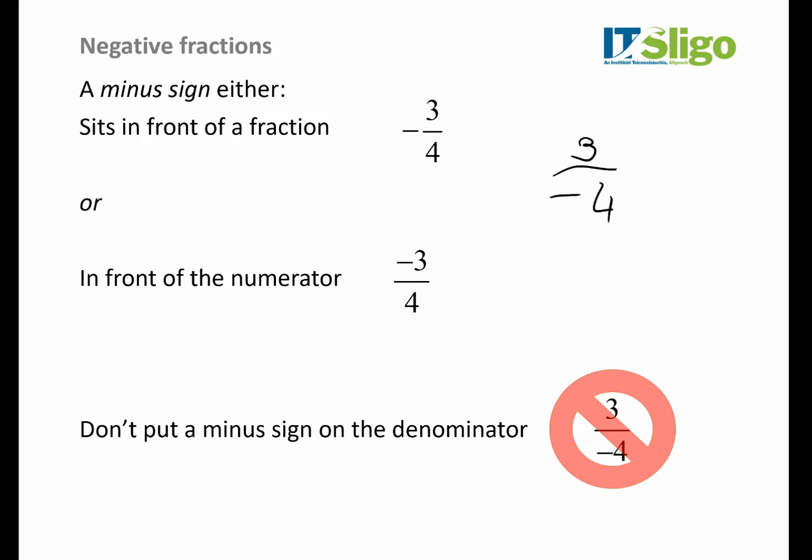You either float it to the top, to the numerator, or let it sit out in front of the fraction like that. I generally find it easiest, my advice would be, to let it sit in the front. And then your maths is nice and simple. You know you're just dealing with a negative number, and everything will be more straightforward. But either of these is correct.